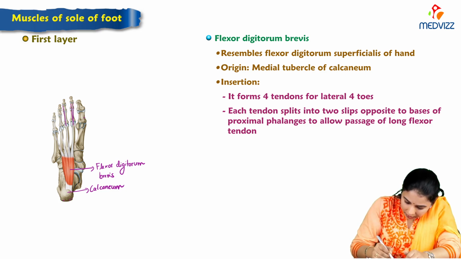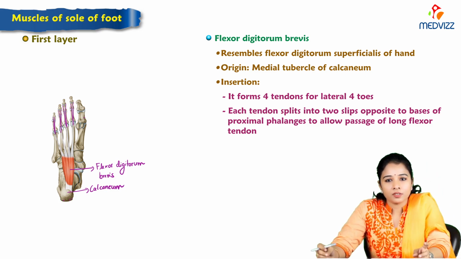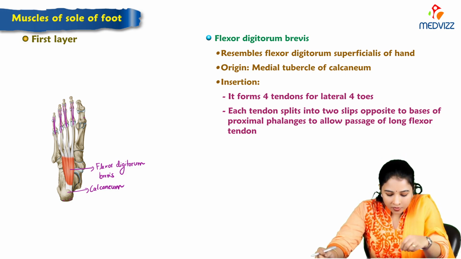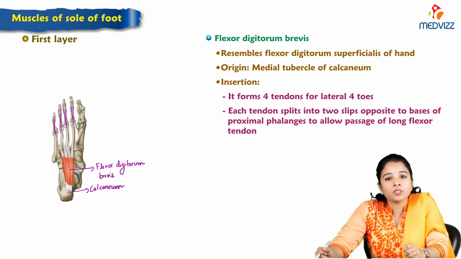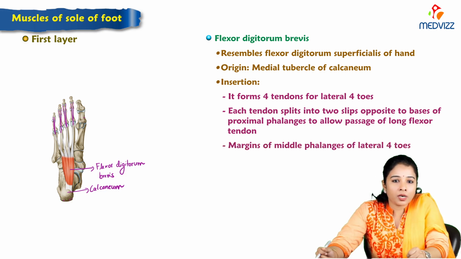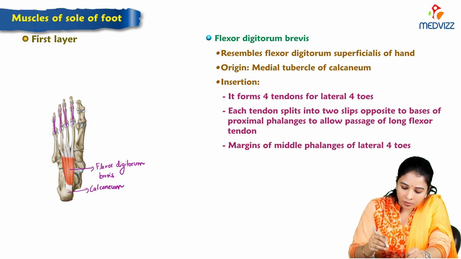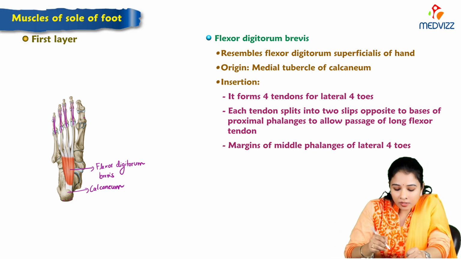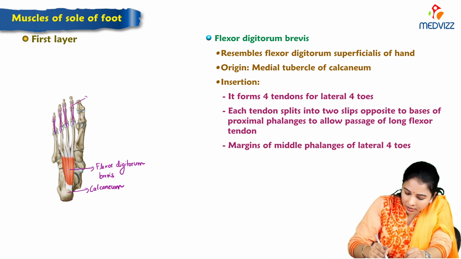The gap between the 2 slips allows the passage of the long flexor tendons, and finally they get inserted into the margins of the middle phalanges of the lateral 4 toes. So this is the middle phalanx.